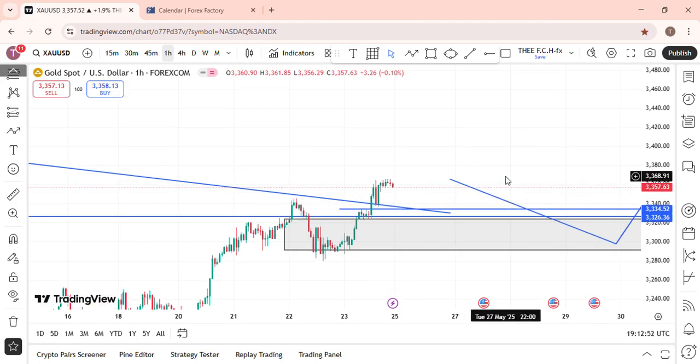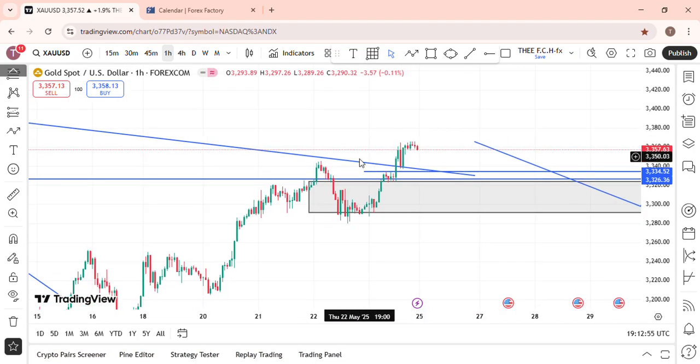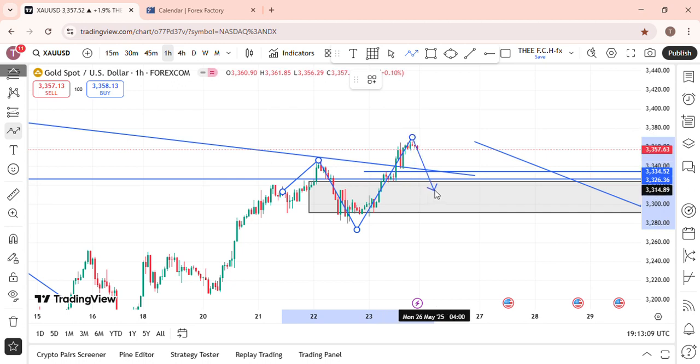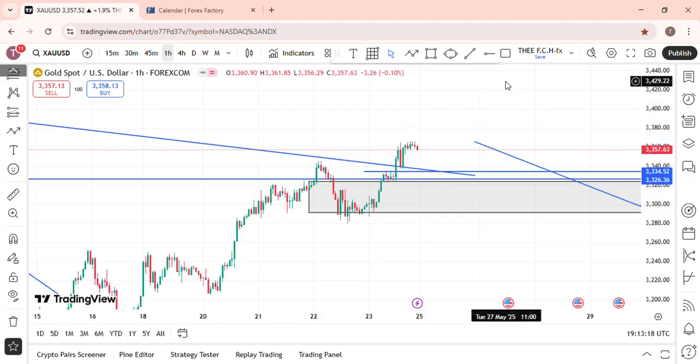Now, coming to the 1 hour time frame, you can clearly see we have an inverted head and shoulders, very clear left shoulder. We have the head over here, and then going up, we have now the right shoulder, but we have to wait for it to form. So that's now my take on gold. Let's be patient with it and wait and see what will happen.